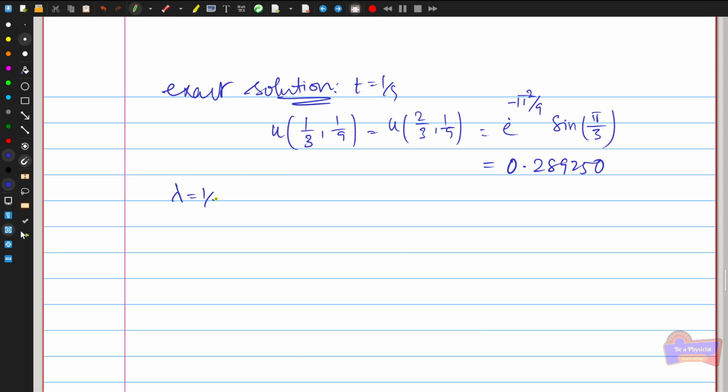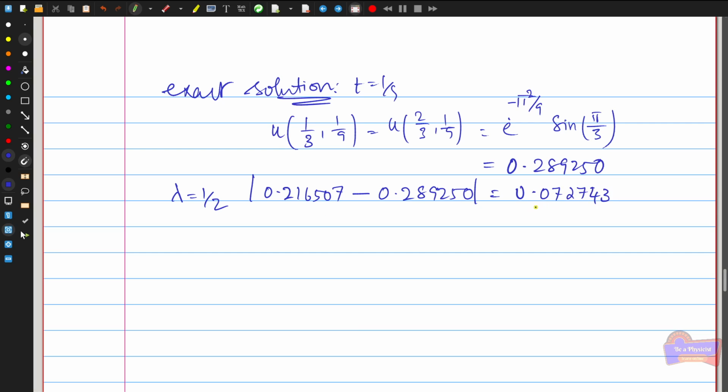For lambda equal to 1 by 2, we have the error as the absolute value of the numerically calculated value 0.216507 minus the exact solution 0.289250, which is equal to 0.072743.